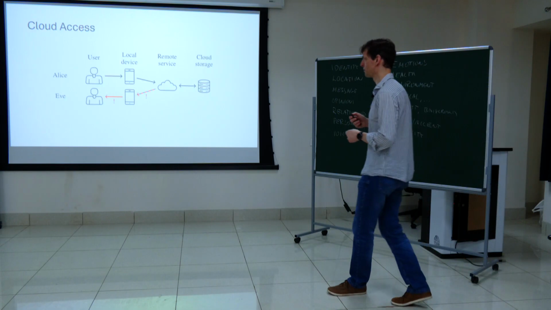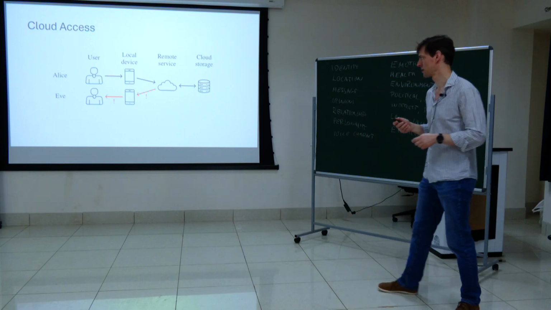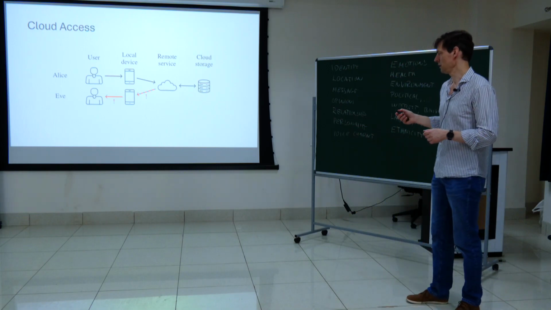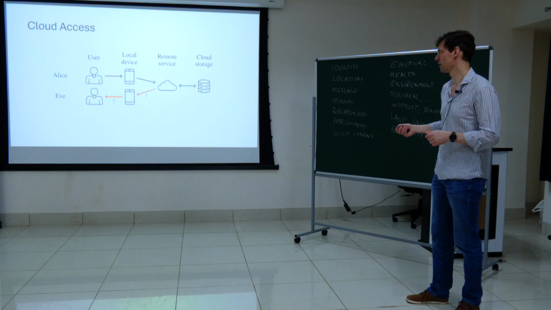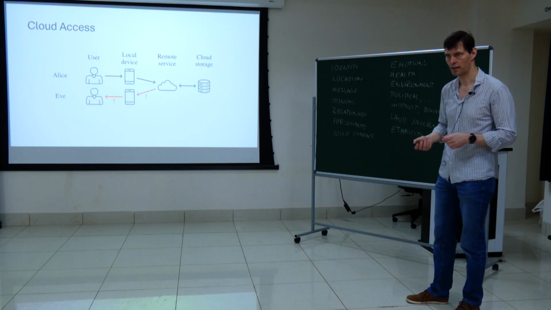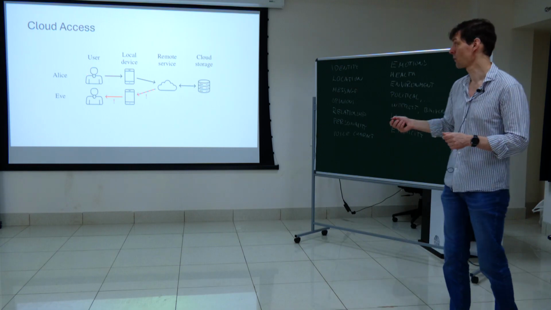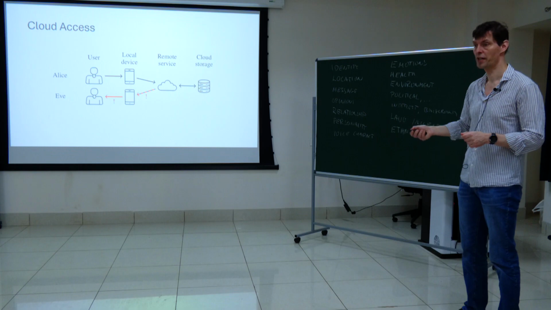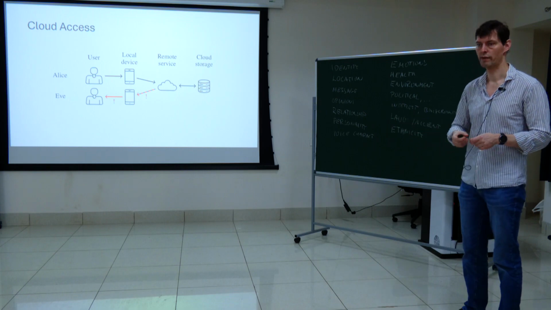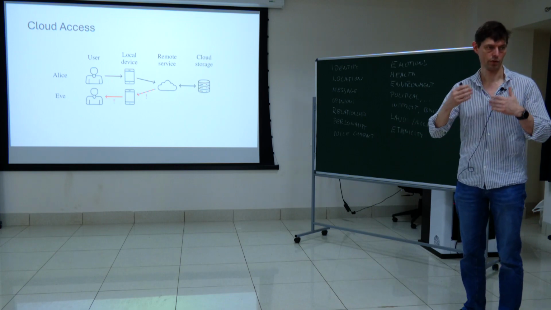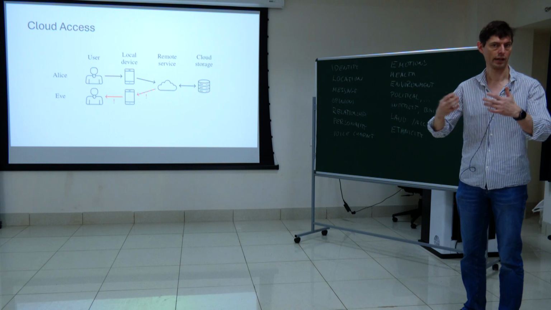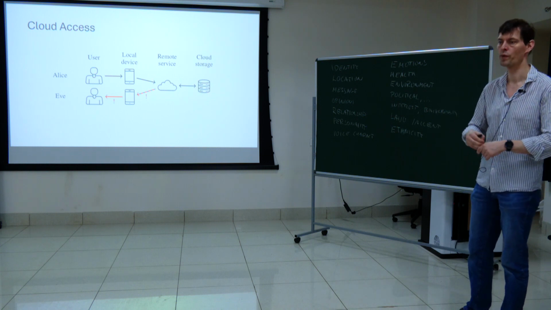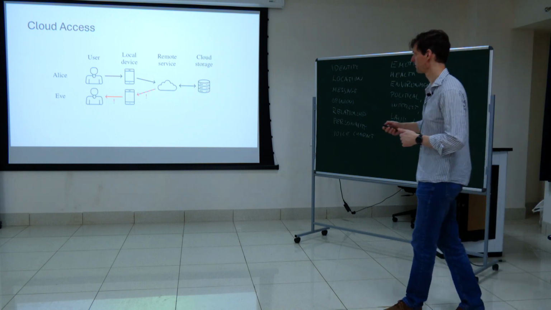Now this is a bit more nuanced one, cloud access. For example, in a medical scenario, we have Alice, a patient, who wants to have some medical analysis through a voice interface, again that could be Parkinson's or COVID analysis from the voice.